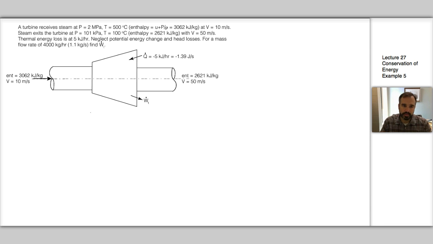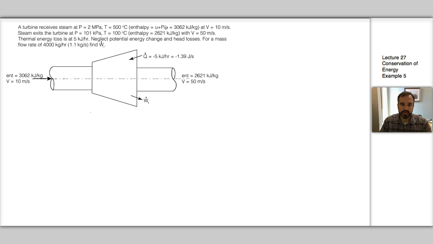All right, so the problem statement is that a turbine receives steam at a pressure of 2 megapascals, a temperature of 500 degrees C, which yields an enthalpy, which is equal to U plus P over rho, of 3,062 kilojoules per kilogram at a velocity of 10 meters per second. Steam exits the turbine at a pressure of 101 kilopascals, a temperature of 100 degrees Celsius, yielding an enthalpy of 2,621 kilojoules per kilogram, with a velocity of 50 meters per second.